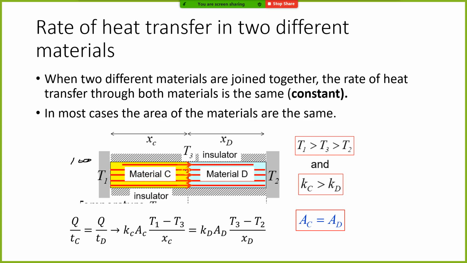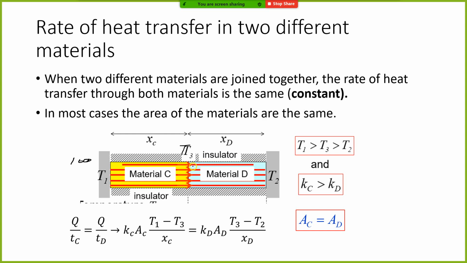But there's an important point that we must understand: when the heat transfers completely through material C, there's going to be a temperature, which we can call our equilibrium temperature in a sense. This temperature T3 is going to be the temperature that the second material starts out with.